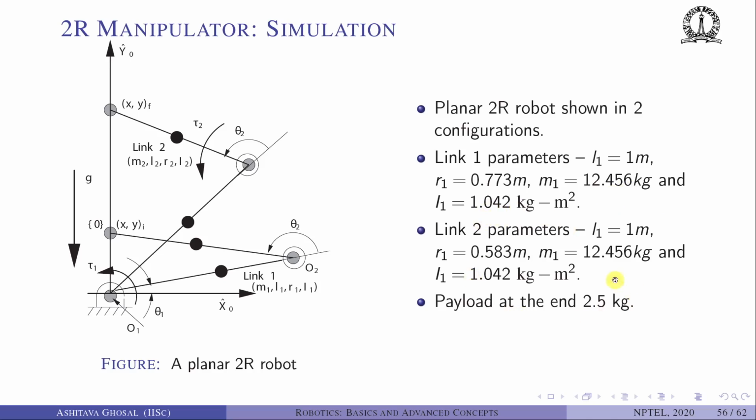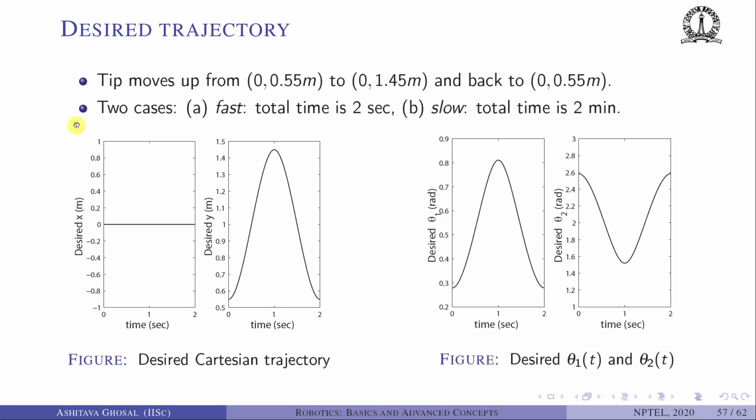We will also assume that there is a payload at the end, at this x and y, and the trajectory is that we want to go from x comma yi to x comma yf, and then come back, and gravity is acting down along the y-axis. So the tip moves from 0, 0.55 meters to 0, 1.45 meters.